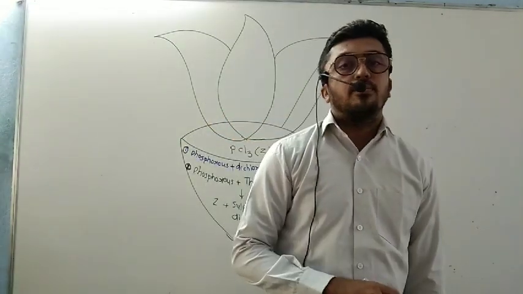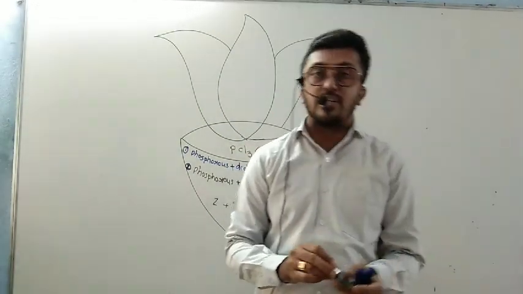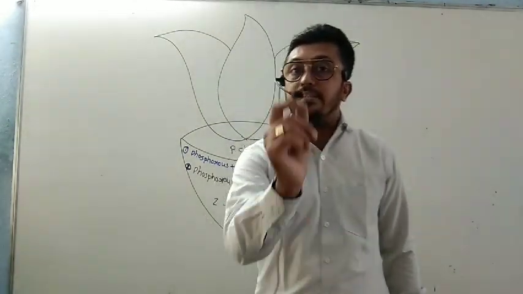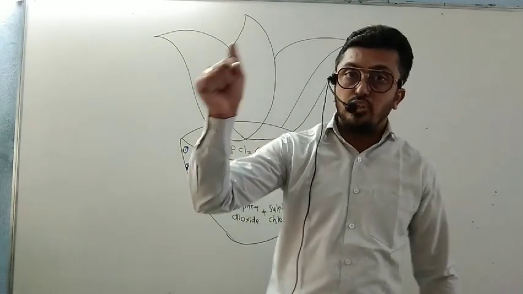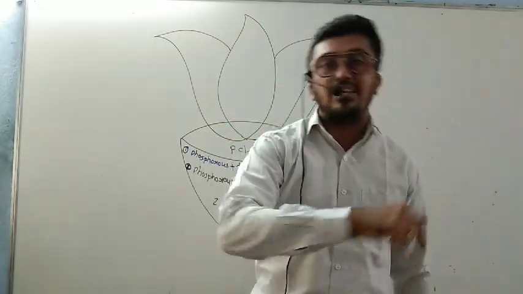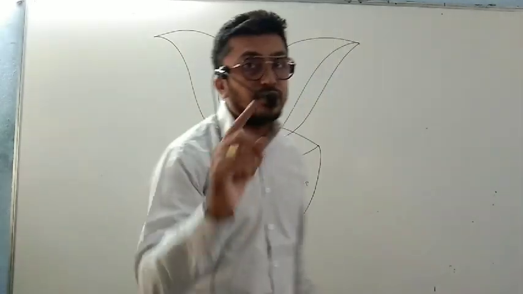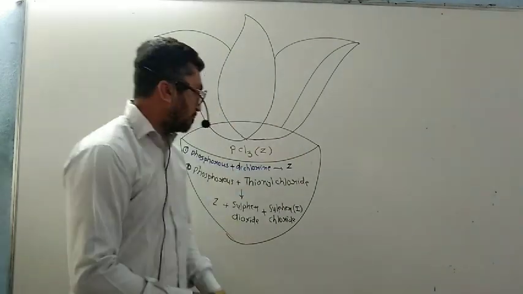All the students, I have given you important information about this point: I will write only the description of the reaction, and you all have to write the chemical reaction. You have to balance the chemical reaction, because this is the most necessary and important condition in P block.